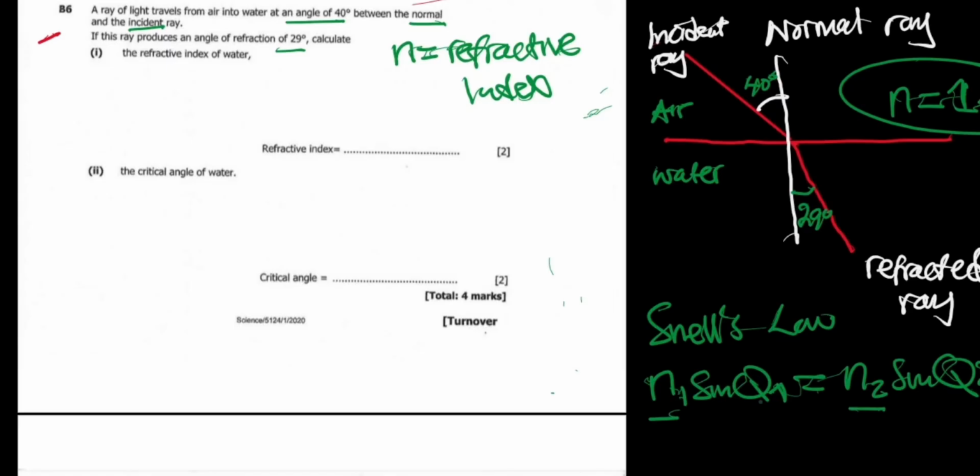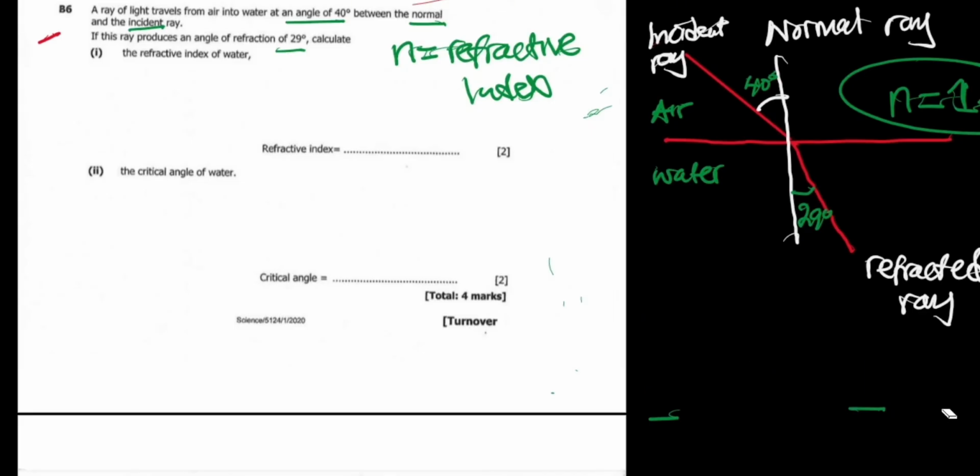If we make n the subject of the formula, this is what we are going to have. We are going to have the refractive index n equal to sine theta 1, which is the angle of incidence, in the air, divided by the sine of the angle of refraction, which is in the water medium.